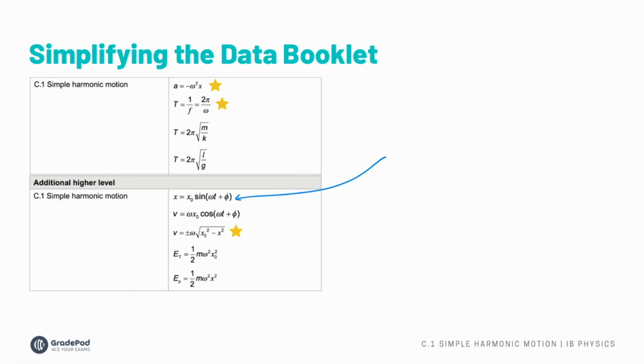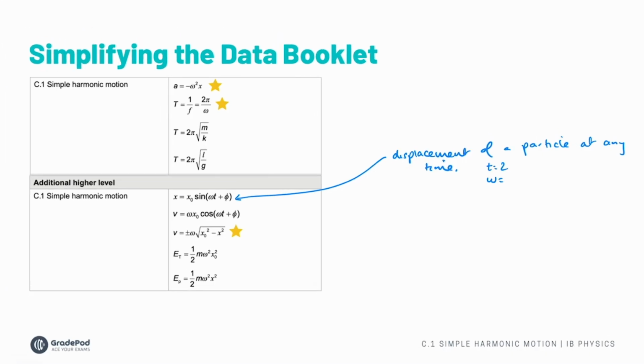So this equation here tells you what the displacement of a particle is at any time. So say you're asked to determine, what's the displacement of a particle at time equals 2 seconds. You would plug in the data for time equals 2 seconds.